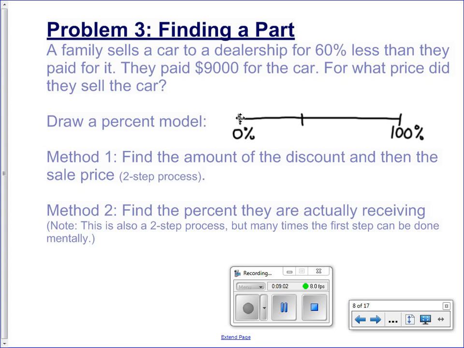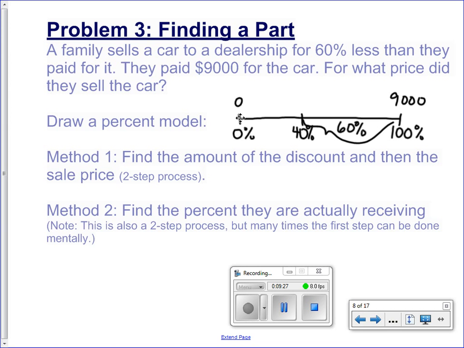All right, so 60% less than the whole. This part would represent 60%, which means they're going to sell it for 40% of what they originally paid for it. All right, so they paid $9,000 for the car.